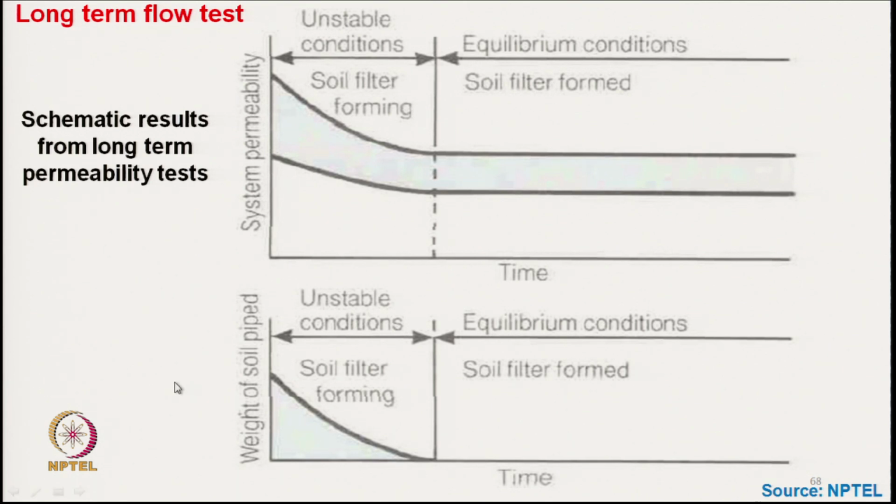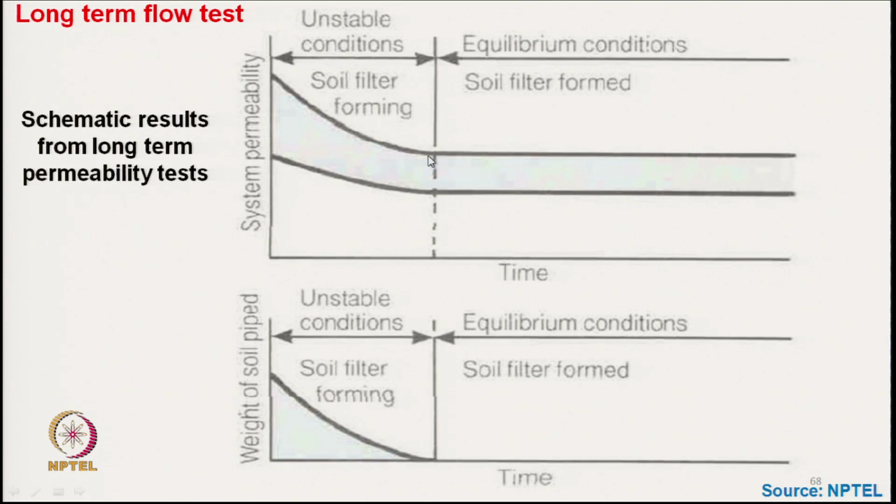As I have already mentioned, initially there will be a little bit of piping, the smaller soil particles will come out through the geotextile, and soil filter formation will be there, that is an unstable condition. So, during that unstable condition the geotextile also gets clogged by soil particles which penetrate inside, but after certain time when the proper soil structure is formed on the upstream side, then the total system flow rate will be stabilized.